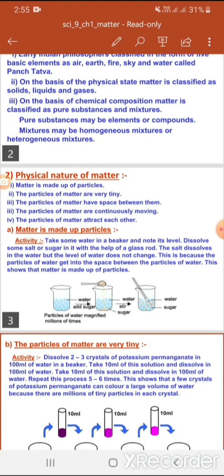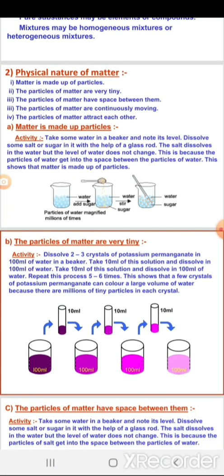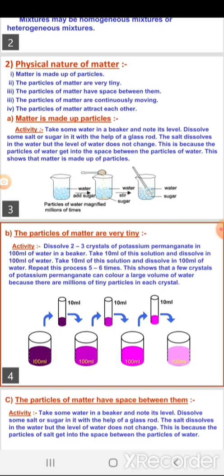Now let's discuss the physical nature of matter. Matter is made up of particles, that is, very tiny particles which form together to make matter. The particles of matter are very tiny, sometimes invisible. They are so tiny that we cannot see them with the naked eye.